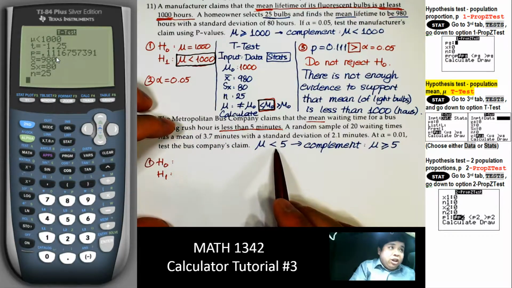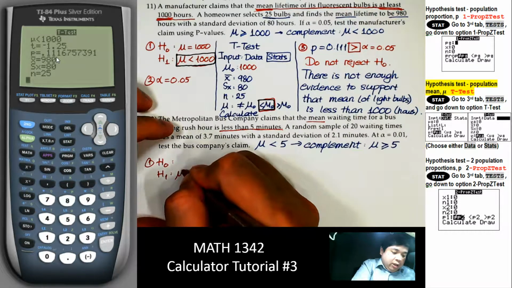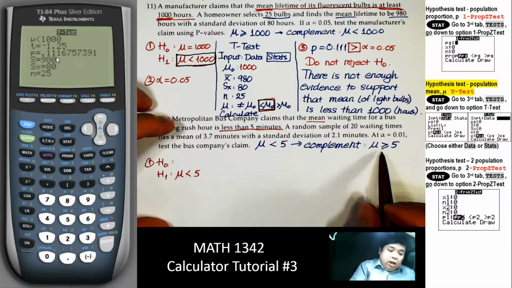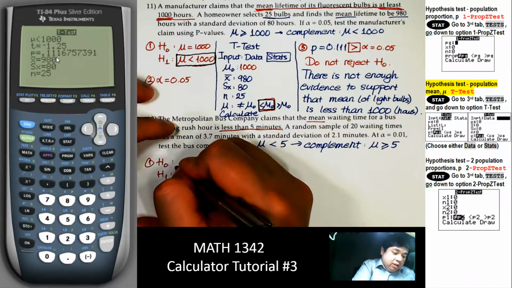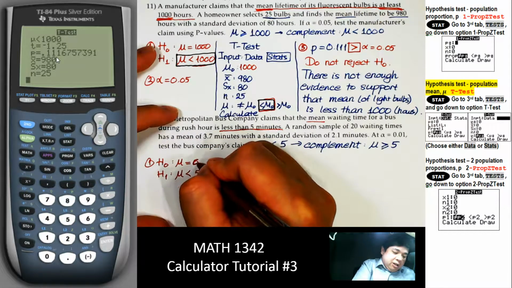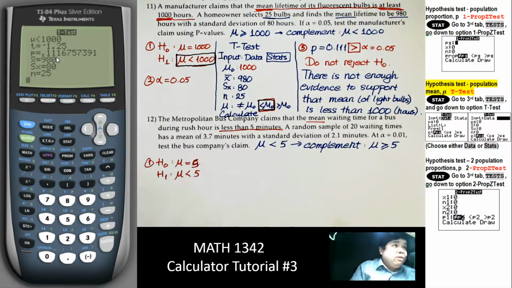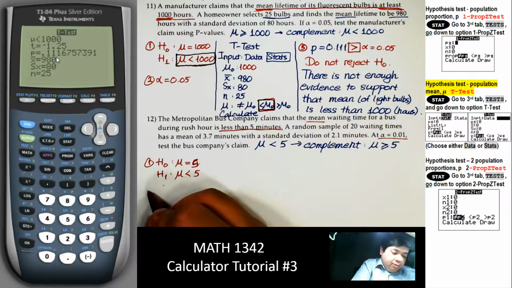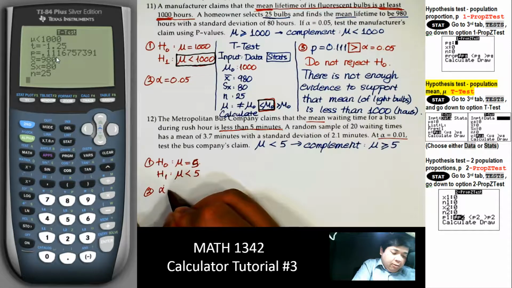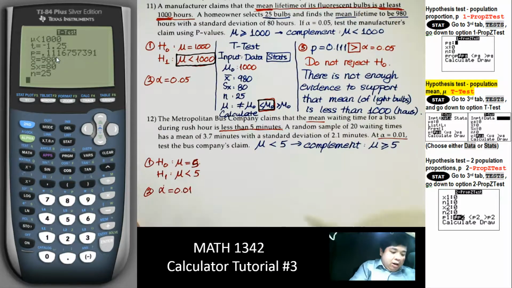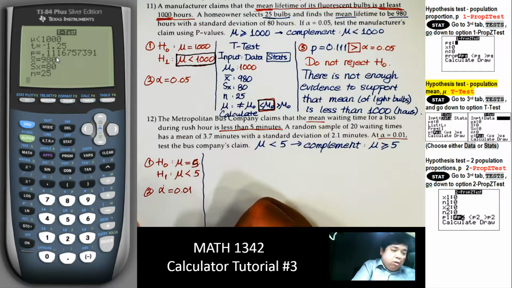This one does not have the equal sign, so it will be H1. This one has the equal sign, and we always write just equal to 5. Alpha is what we have established from the prompt.